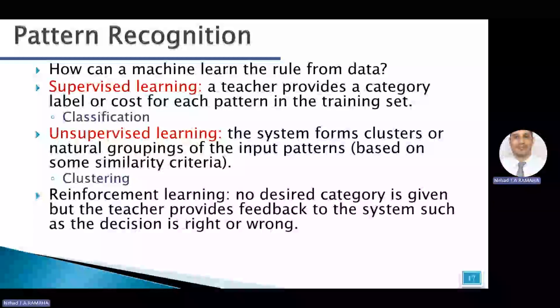So we have some objects, and the machine will categorize, will cluster objects without teaching the machine. How does it work? It depends on the similarities of some criteria, some features.